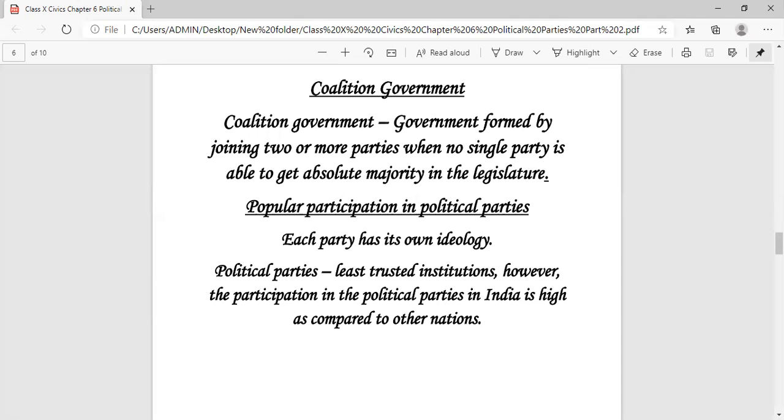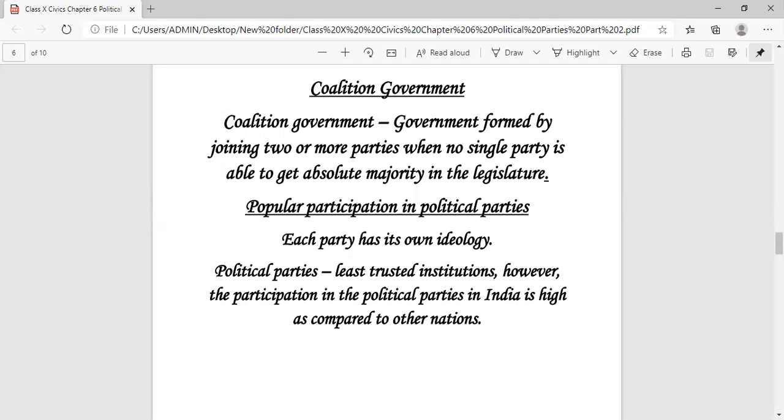So if such a situation arises, then we will form a coalition government.